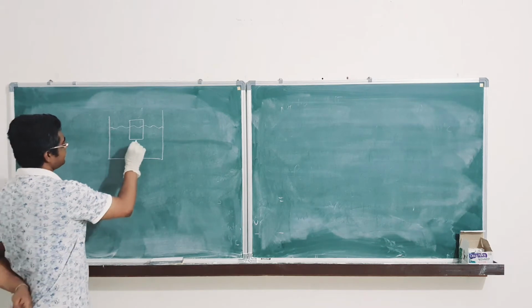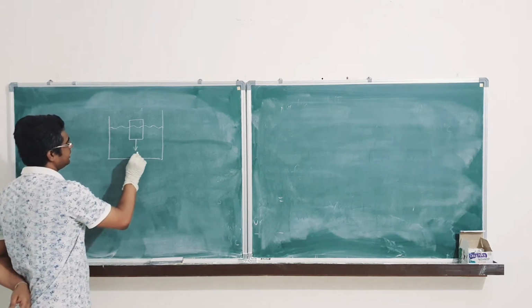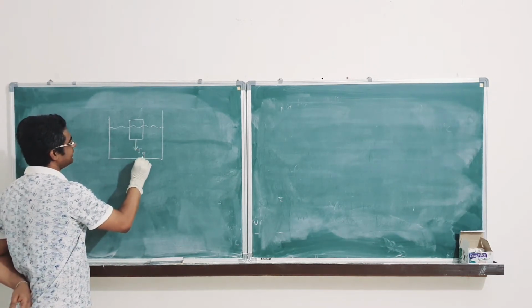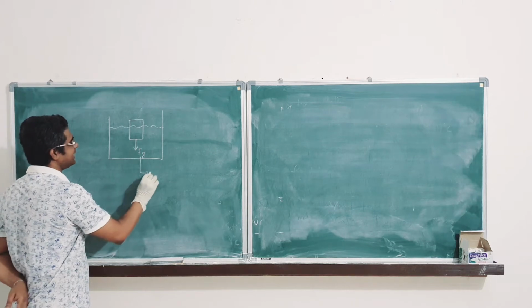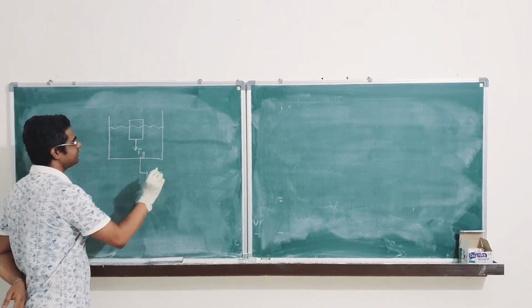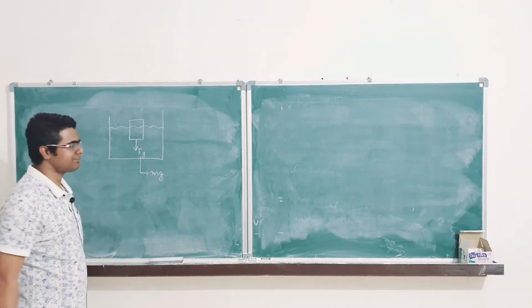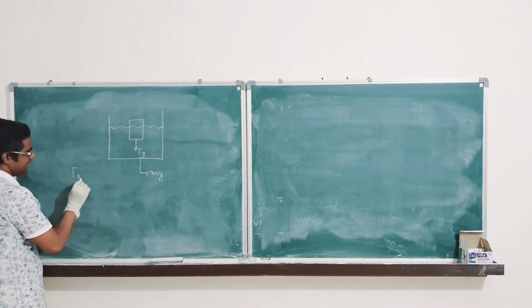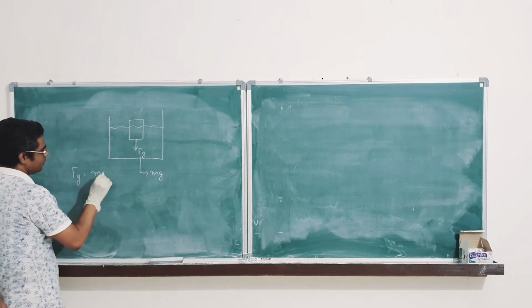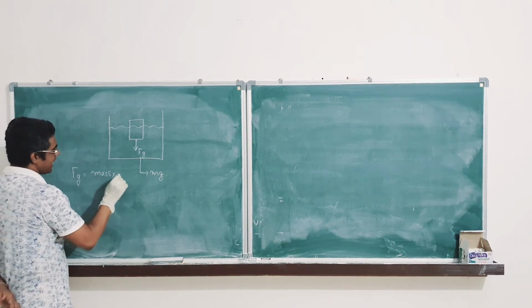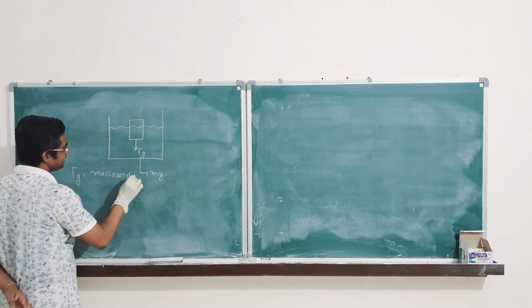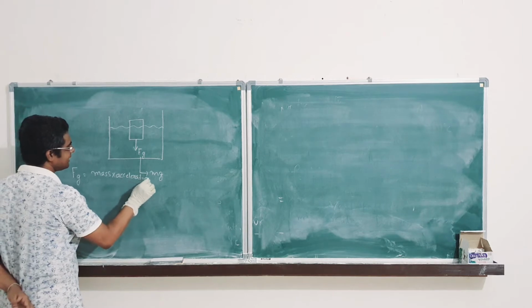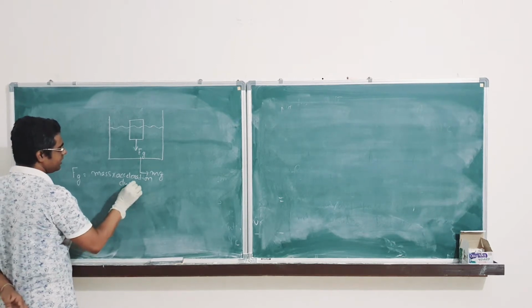One is this one, this is force of gravity, that is basically nothing but mg. Mg means mass into gravitational force. Mg is equal to mass into acceleration due to gravity.